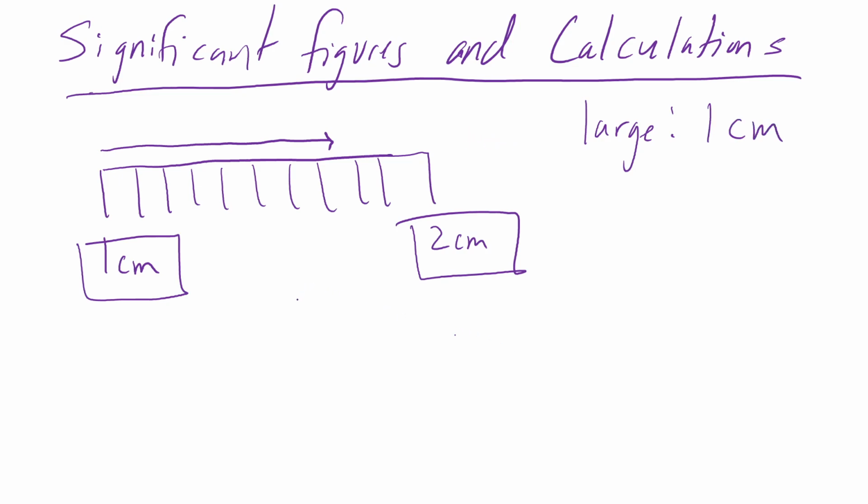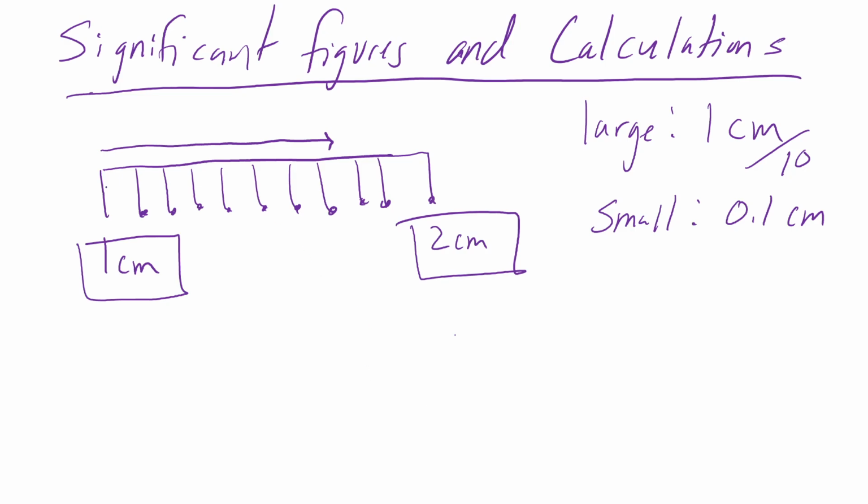When we start counting the little markings, which are those between the larger markings, again, we've got 1, 2, 3, 4, 5, 6, 7, 8, 9, and a 10. So we've got 10 markings between the large markings. That means each of the small markings in this case represents 0.1 of a centimeter.